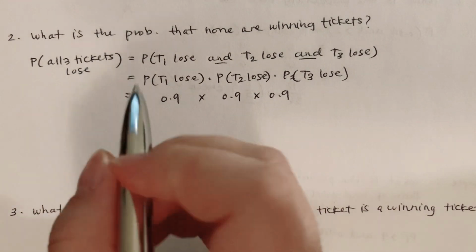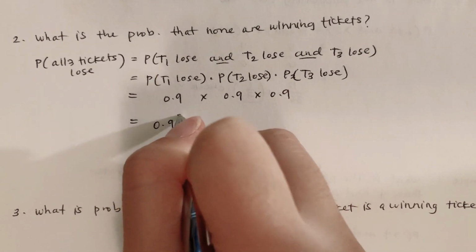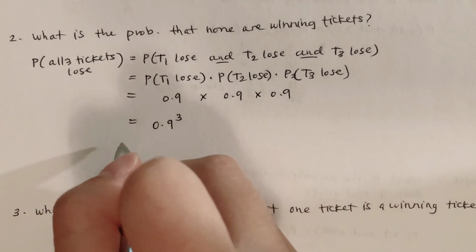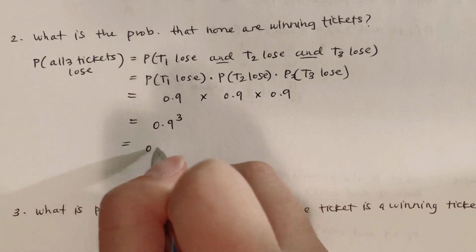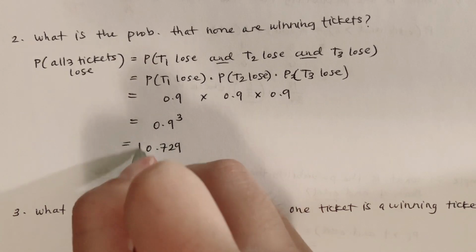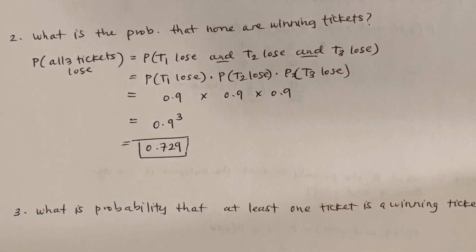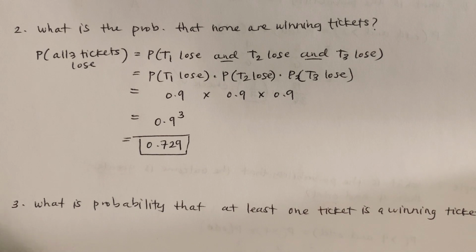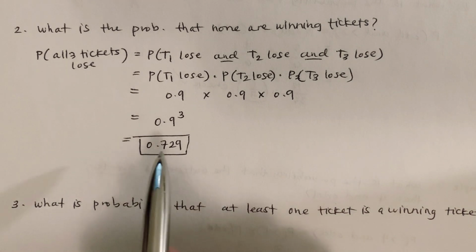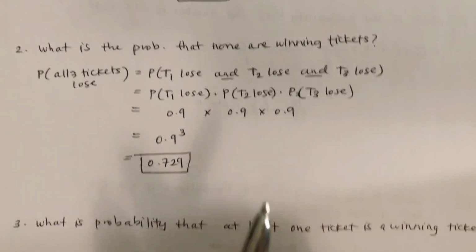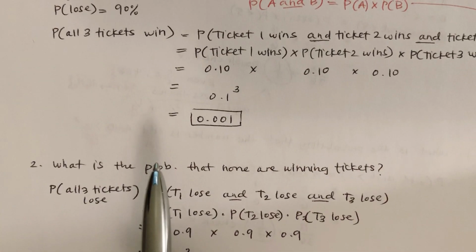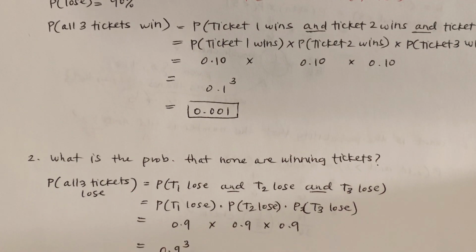This will give us 0.9 to the 3rd power, which returns 0.729 as our final answer. So the probability that all 3 tickets are losing tickets is 72.90%, which is a lot more compared to the probability that all 3 are winning tickets.